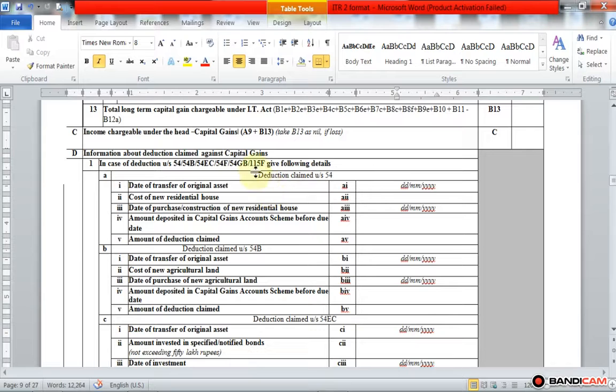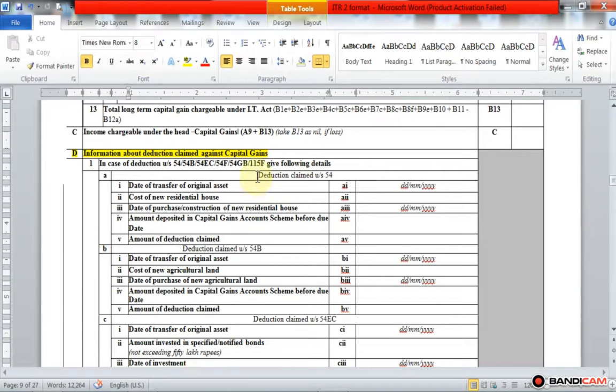So in this column the assessee will provide information relating to the deductions under section 54B. The list of deductions is given: deduction claimed under section 54, then deduction under section 54B, then deduction under section 54EC.